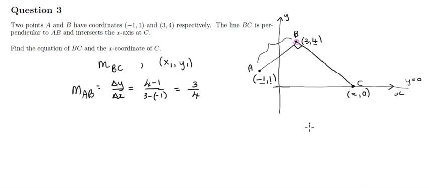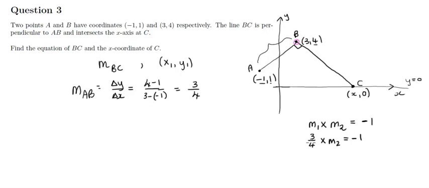So now if we know that the gradient of our one line, which in this case is AB, times the gradient of the perpendicular line, which is BC, we know that this has to always come to -1. So if AB has a gradient of 3 over 4, we're trying to find M2, which is the gradient of BC.